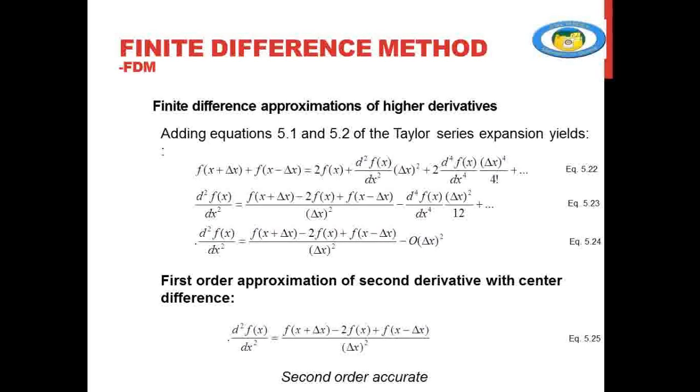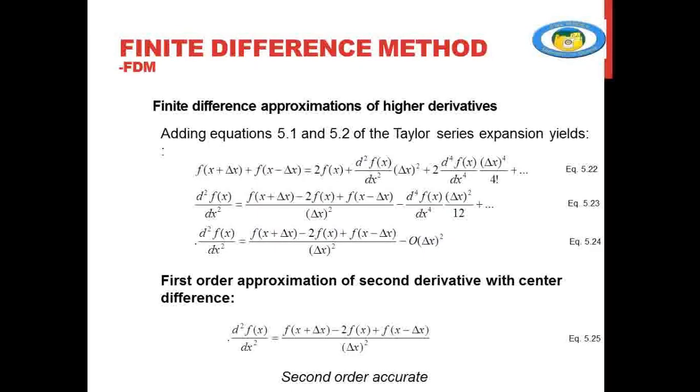I think last time this equation was erroneously put; honestly, for the second derivative with center difference, there was a typographical error in the last lecture. Obviously from equation 5.24, the result would be equation 5.25 as illustrated here.